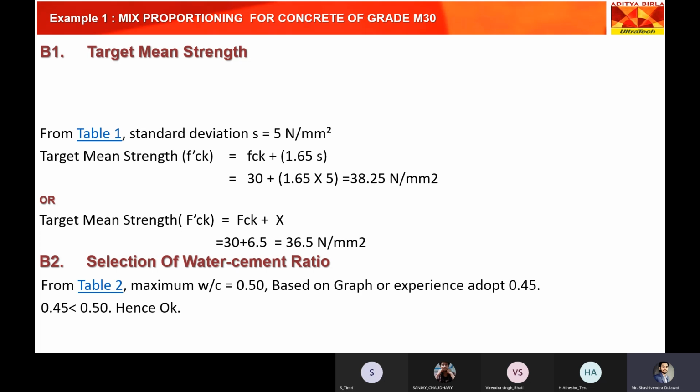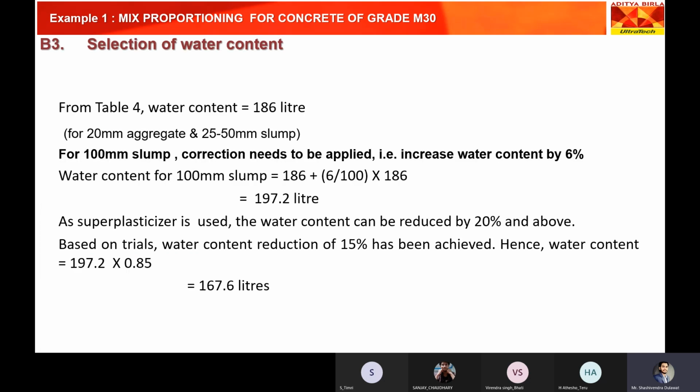Then the next thing is how to select water content. From table number 4, according to Indian Standard, the water content is equal to 186 liter for 20 mm aggregates and 25 to 50 slump. But according to our question, the slump values vary from 50 to 100.